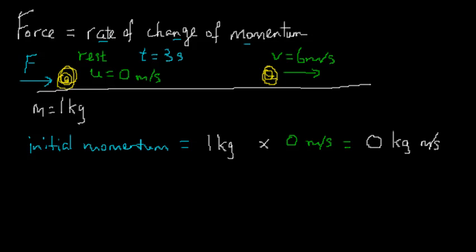So next, let me find the final momentum. My final momentum is equal to, the ball is still 1 kilogram, but this is moving faster. It's now at 6 meters per second after 3 seconds.